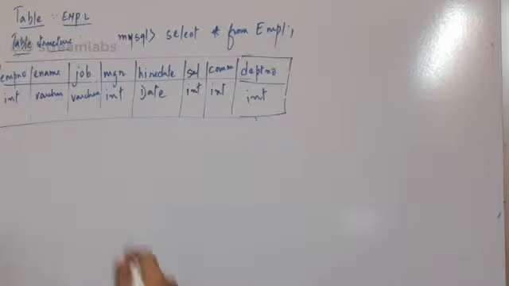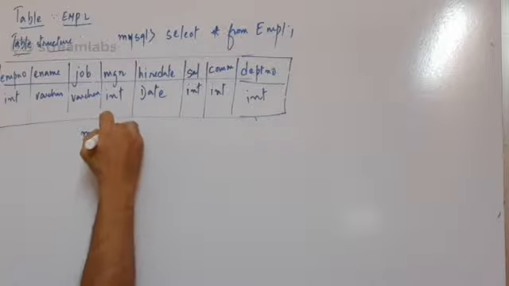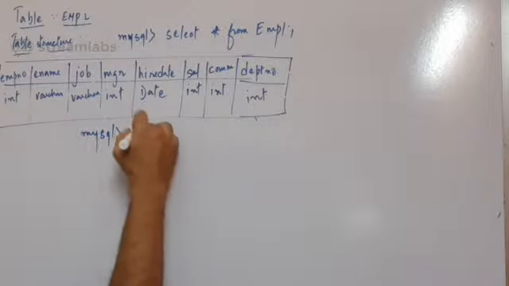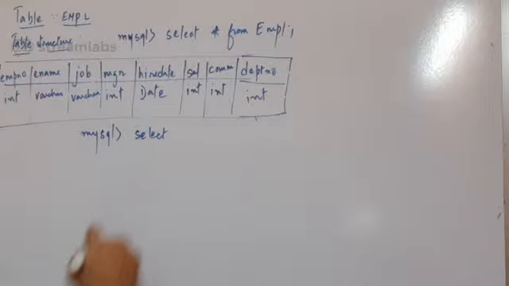Now the second query: display EMP number and E name for all employees from table EMPL. Here you'll find that you need to display only 2 columns, EMP number and E name. So again in the MySQL prompt, what you'll write is select. You cannot write the word display for retrieving records.